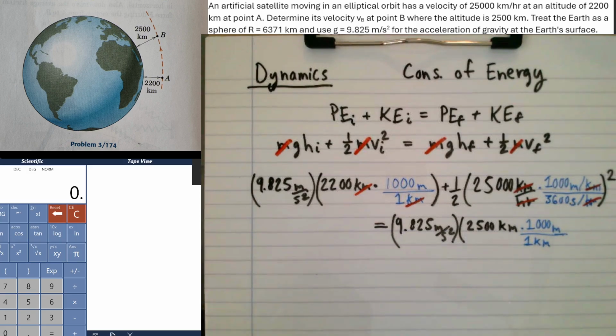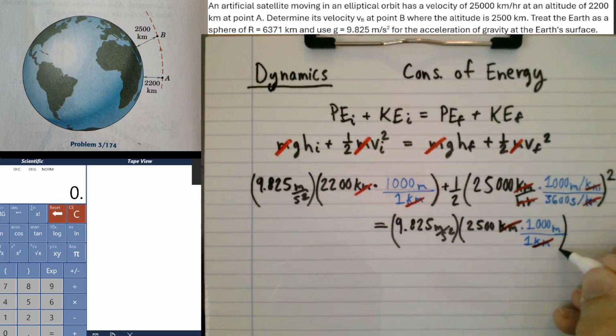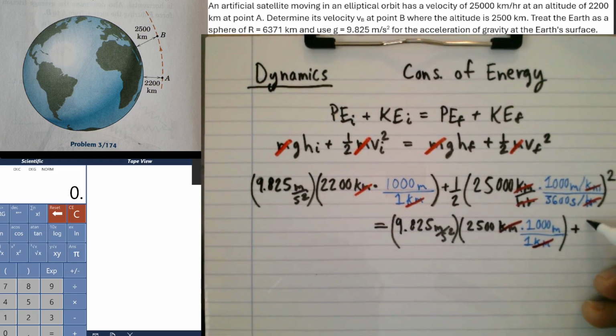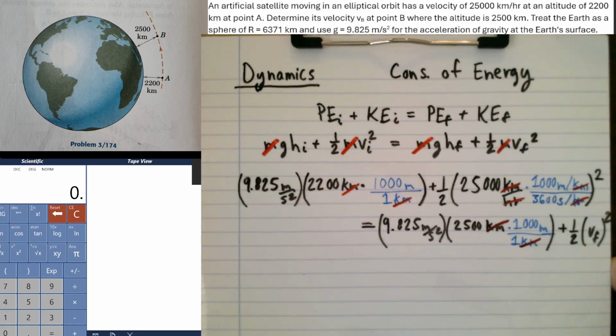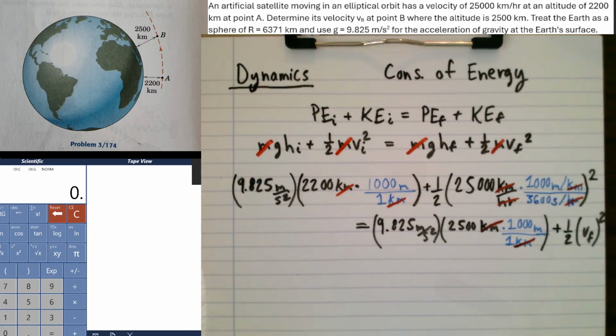As we can see, kilometer per kilometer will cancel. We have meters here, so that's good. And then we have to include our last term, 1/2 final velocity squared, 1/2 vf squared. And from here, it's simply a matter of substituting these numbers into the calculator and solving for those values.